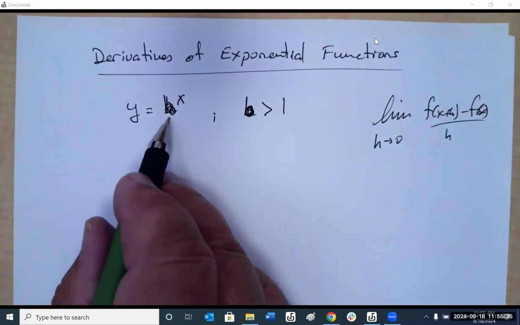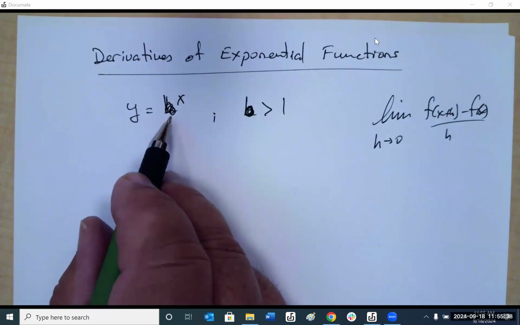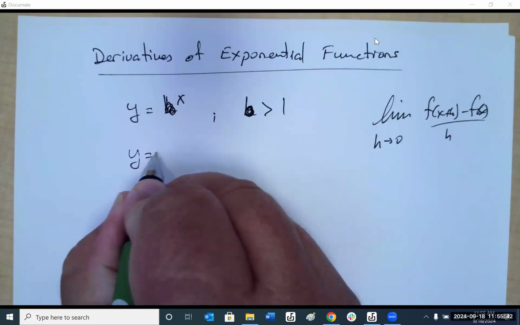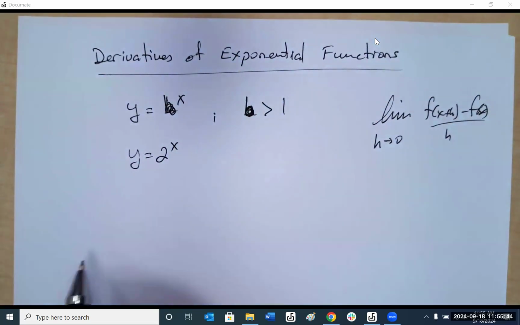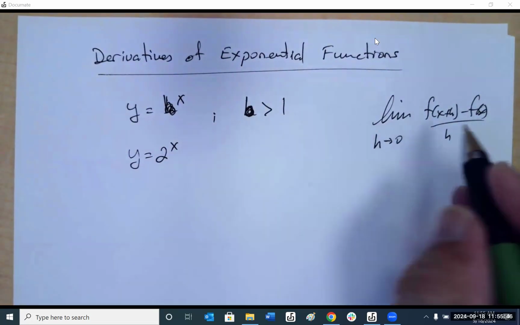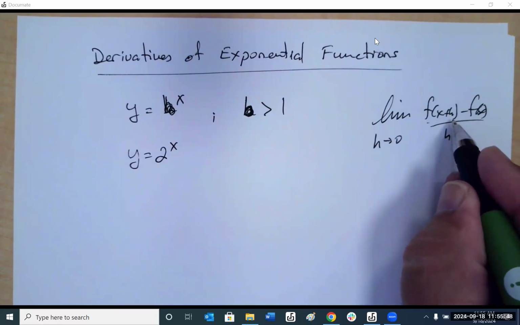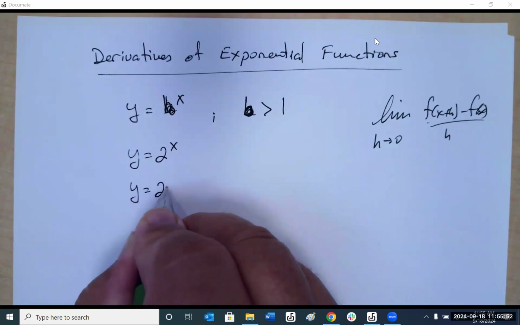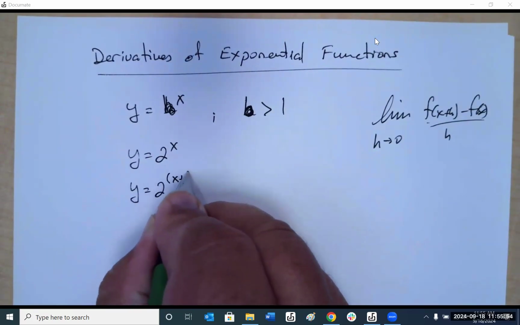Can we do it with this function? For this example, let's make it 2 to the power x. So what is f of x plus h? It's going to be 2 to the x plus h.